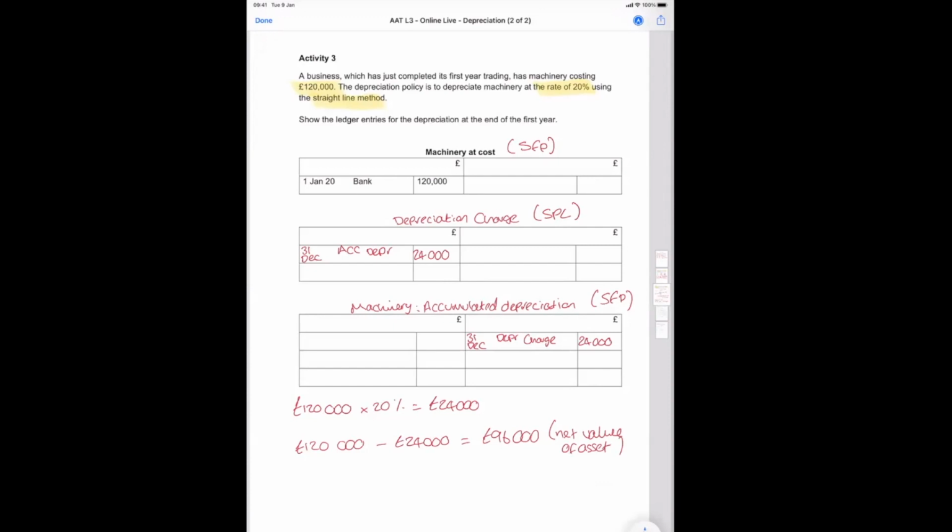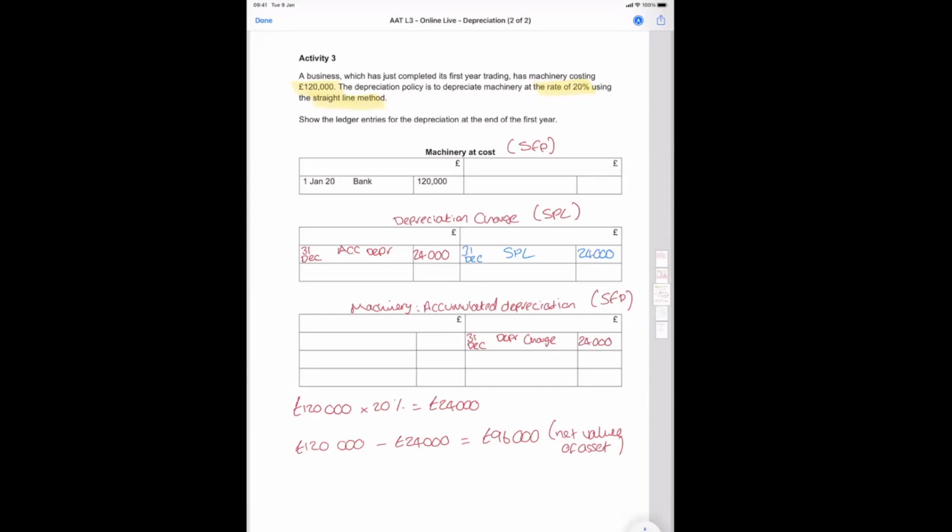We'll do that on the same date because it's the last day of the year. That's going to our statement of profit or loss, and it will be for the amount of 24,000. Okay, so our depreciation charge account has now been cleared, and that's recorded within the SPL.